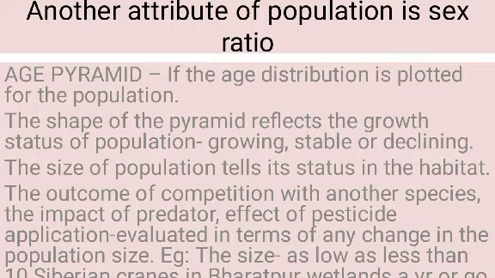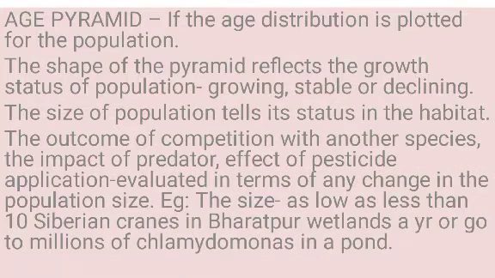So this is what we say as a sex ratio. The number of females to the number of males. Another attribute is age distribution. See, when we consider a single individual, we say the age of the person is this much, isn't it?